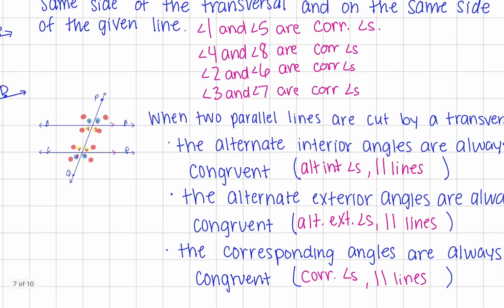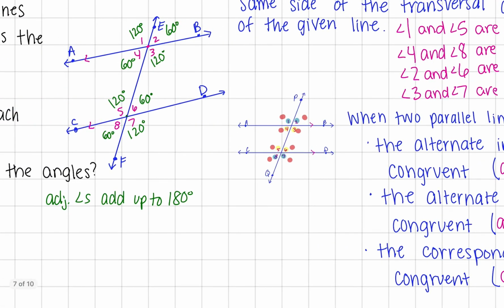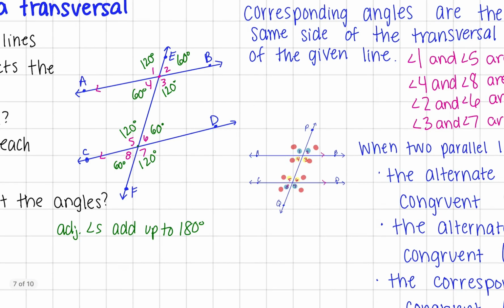And so taking that knowledge and going back to our first picture when we measured at the beginning, do you see how angle 1 is congruent to angle 7, and angle 2 is congruent to angle 8, and angle 4 is congruent to angle 6, and angle 3 is congruent to angle 5, and angle 1 is congruent to angle 5, and angle 2 is congruent to angle 6, and angle 4 is congruent to angle 8, and angle 3 is congruent to angle 7.